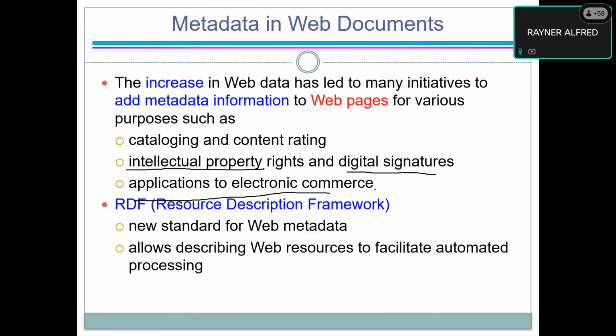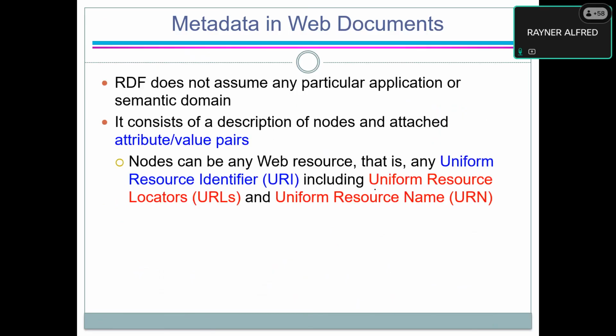Okay. So in the semantic web, they use the Resource Description Framework. This is a new standard for web metadata. It allows you to describe web resources to facilitate automated processing. So the concept is we need to have the resource, the property, and the values.